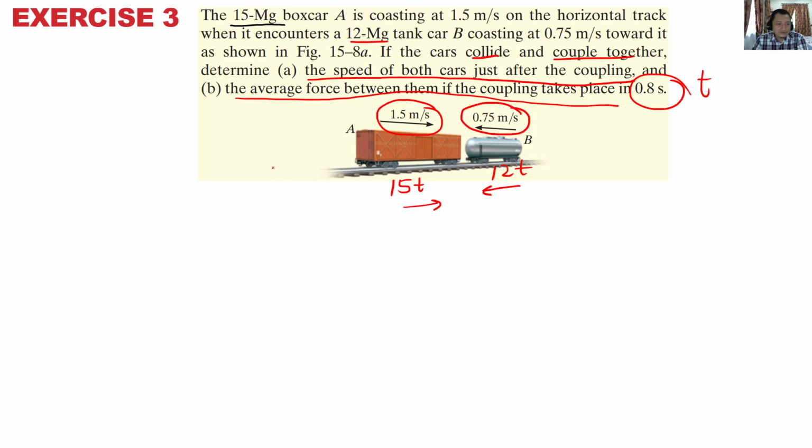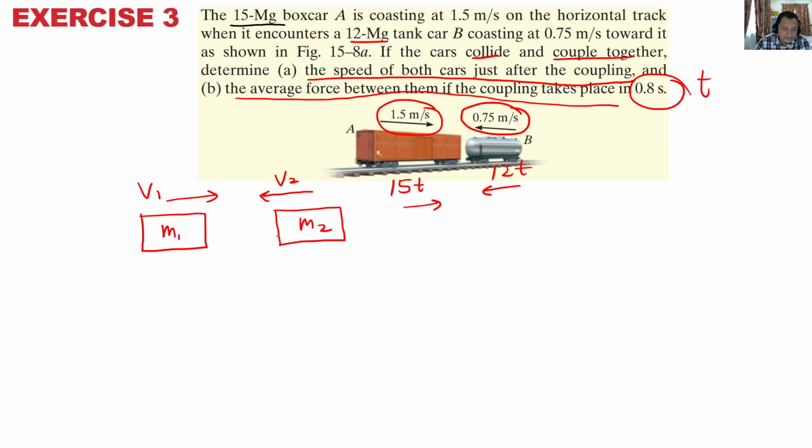You are going to use principles of conservation of momentum. So you've got two cars, right? This has a mass m1. This has a mass m2. m1 is traveling to the right at v1. m2 is traveling to the left at v2.